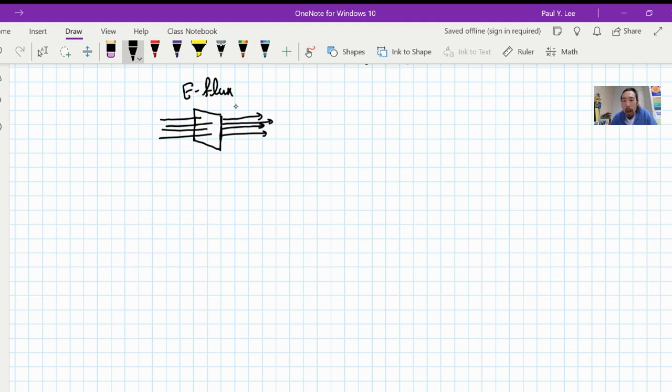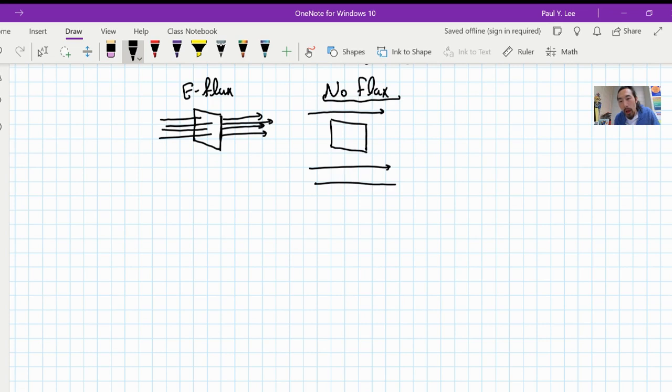Now, right next to it, I'm going to write no flux. So I'm going to draw a window here. If the definition of flux is the amount of E field going through the window, for this image, I'm going to draw the E field not going through the window. In fact, it's going above it and below it, but definitely not through it.